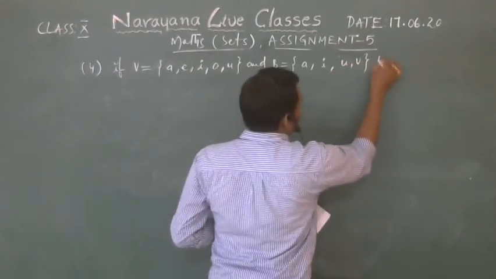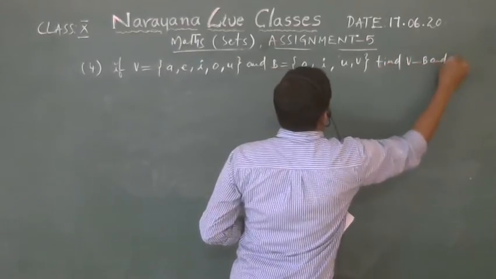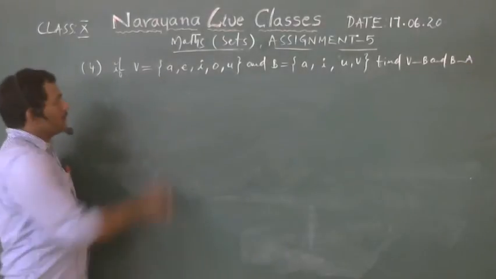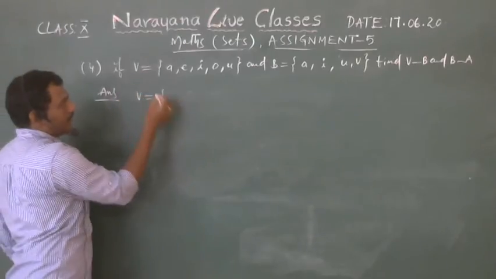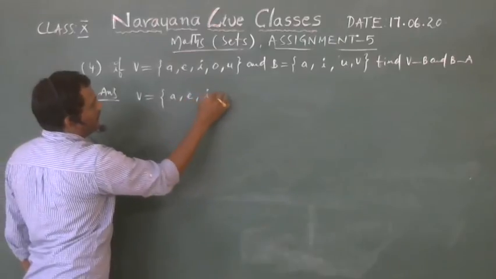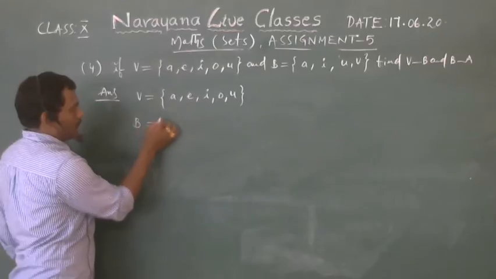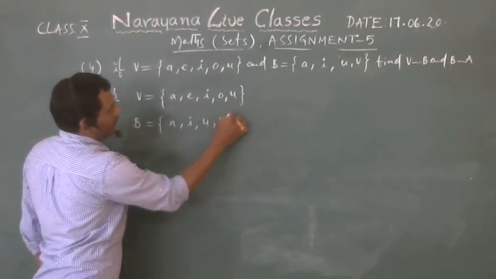Find V minus B and B minus V. Answer: V is equal to the set of vowels of the English alphabet, A, E, I, O, U. B is equal to the set {A, I, U, V}.